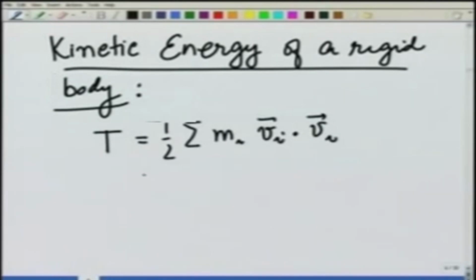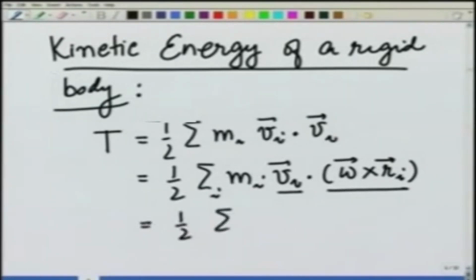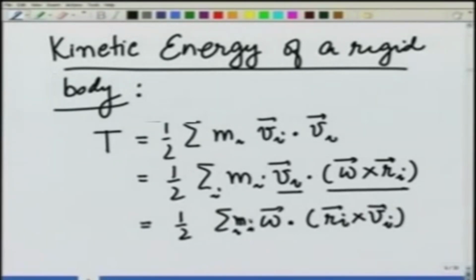which I can write as 1/2 summation over i of m_i v_i dot omega cross R_i. This is a dot product of a vector with a cross product. So, I can use the permutation formula and write this as 1/2 summation over i of omega dot R_i cross V_i, and m_i is always there.